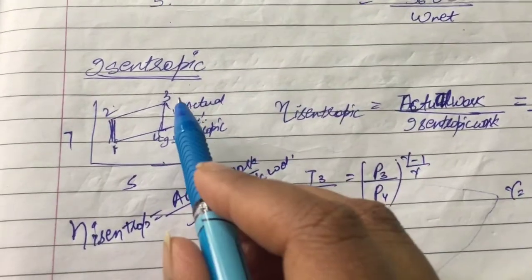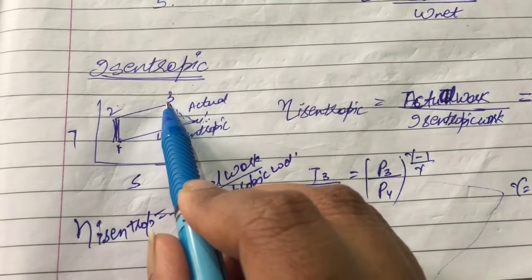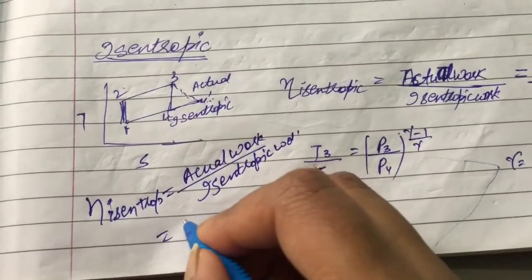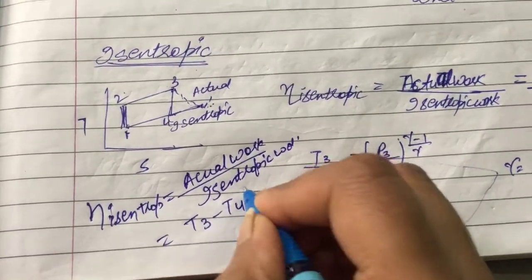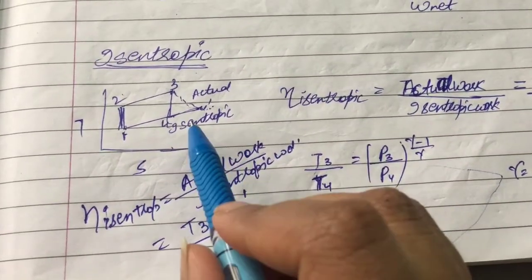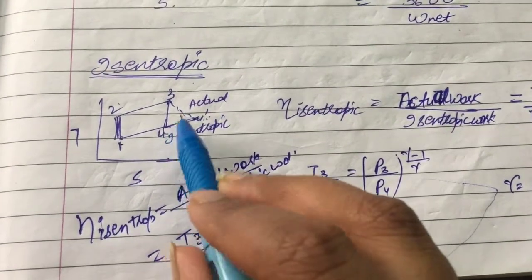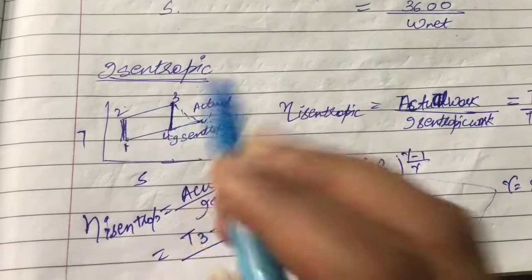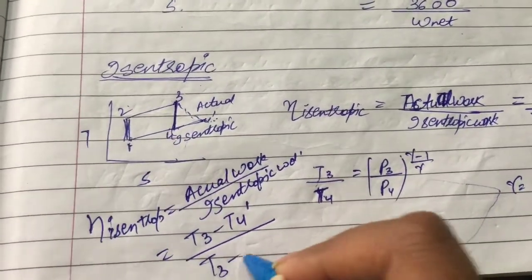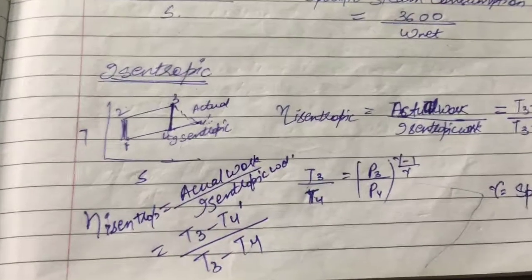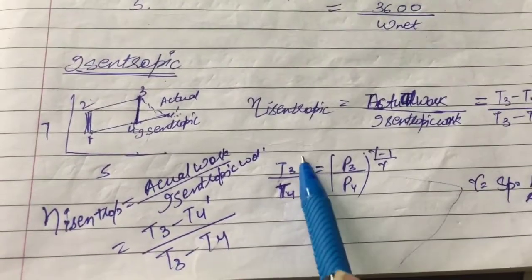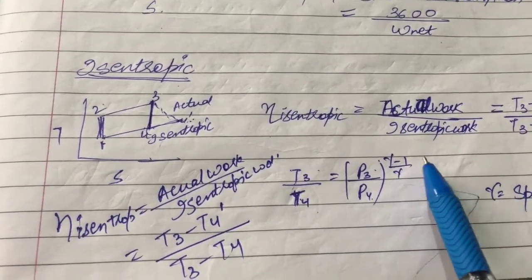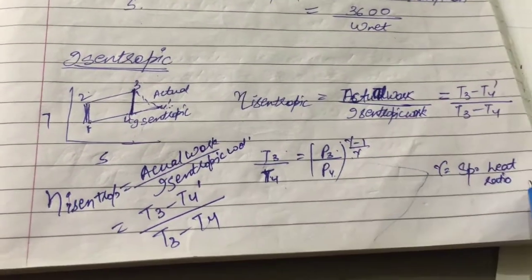So actual work we can see is between T3 and T4 dash, so actual work would be T3 minus T4 dash, and the isentropic work is between T3 and T4, this portion. So it would be T3 minus T4, and the formula is T3 by T4 is equal to P3 by P4 to the power gamma minus 1 upon gamma, where gamma is the specific heat ratio.